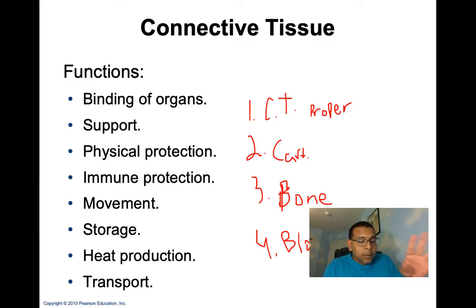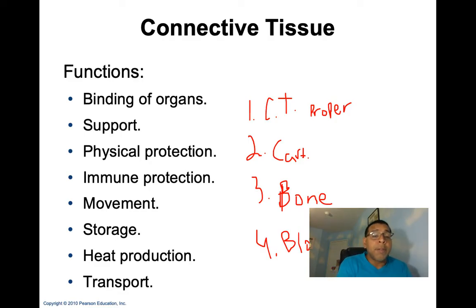So when we talk characteristics, there are three characteristics that are going to set connective tissues apart from other primary tissues. First, connective tissues have a common origin. They all arise from mesenchyme. Mesenchyme is an embryonic tissue.